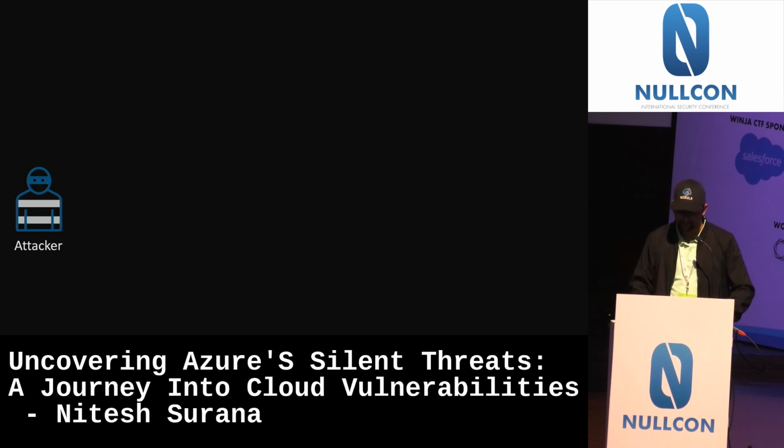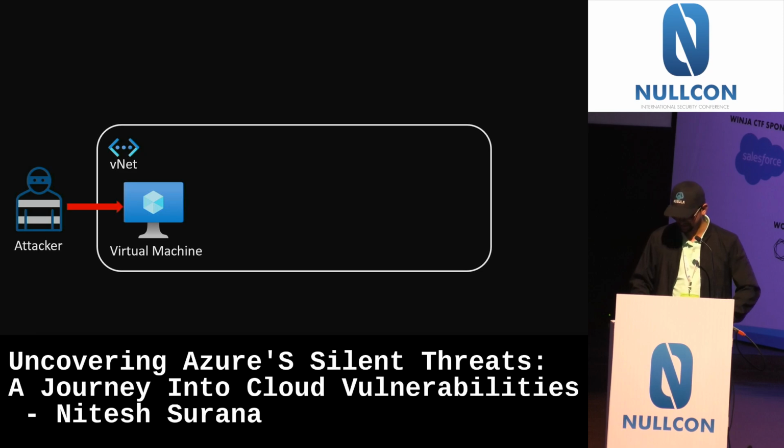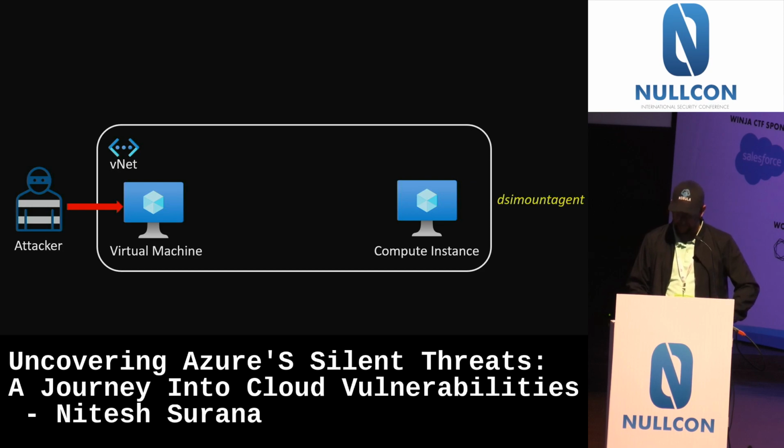Simply put, let's say an attacker is on a virtual machine, which is part of a virtual network, and on the same virtual network, we have a compute instance. The compute instance has a service called DSI mount agent, and this service can fetch systemd logs, and it exposes an API on port 46802, listening on all the interfaces.